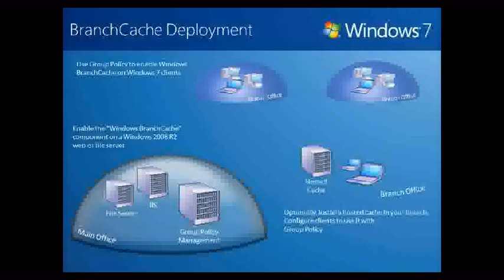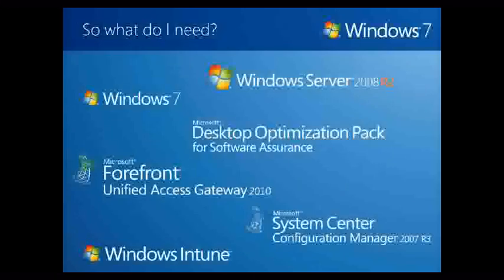But the second person who comes in can get that from me, or if I've got a large enough office with another server, maybe a hosted cache, I can start caching documents locally without needing to copy them. So it accelerates the download of files and improves user productivity at branch offices. And again, all you need is Windows Server 2008 R2 and Windows 7.